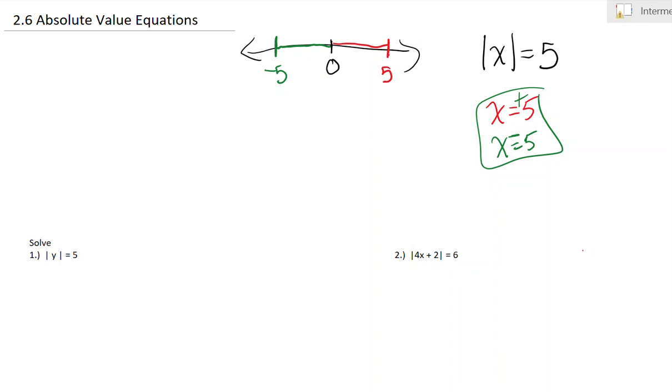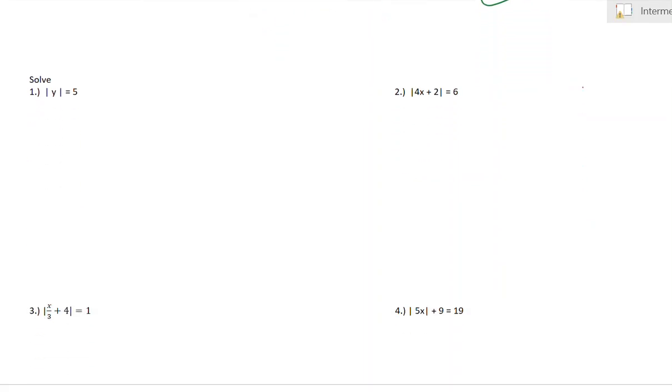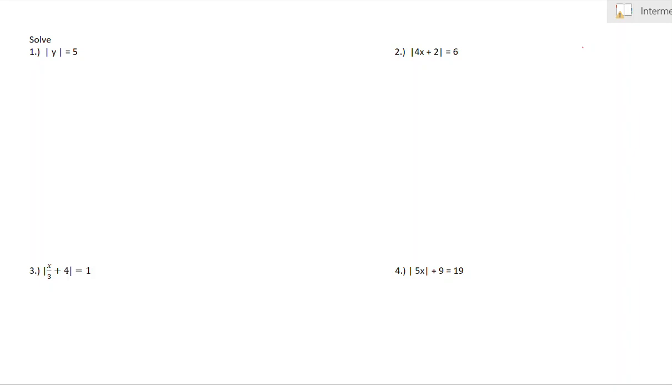So when we go to solve an absolute value equation, I'm going to ask that you set up two equations pretty much every single time. We're going to label one of them A and one of them B. The first equation takes the positive value distance to 0, so y equals 5. The other equation represents the negative value, so y equals negative 5.